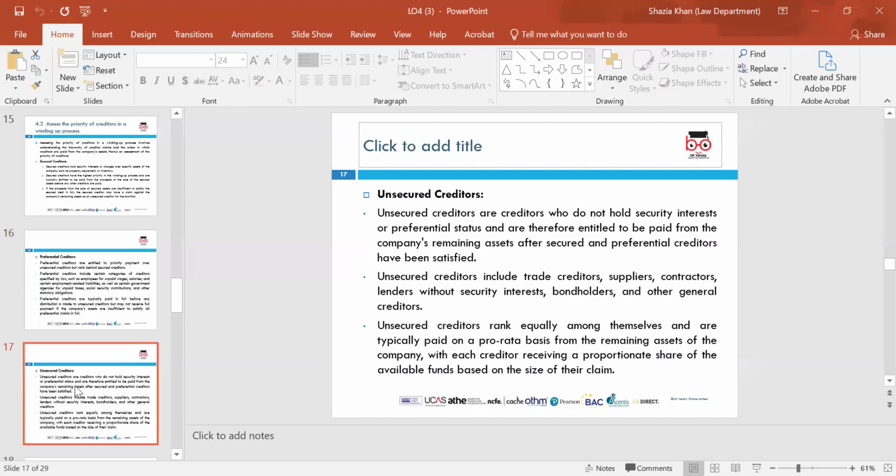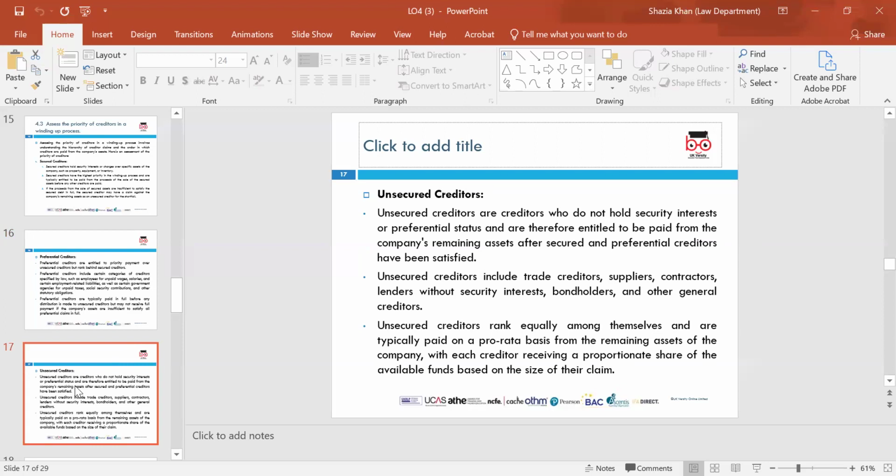The next one is unsecured creditors. Unsecured creditors are creditors who do not hold security interest or preferential status and are therefore entitled to be paid from the company's remaining assets after secured and preferential creditors have been satisfied.